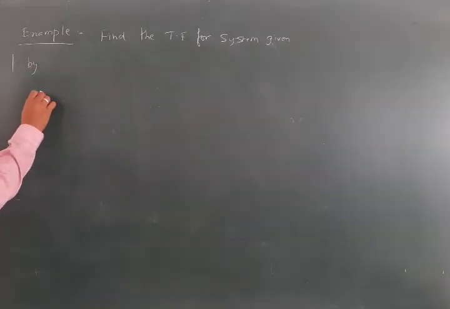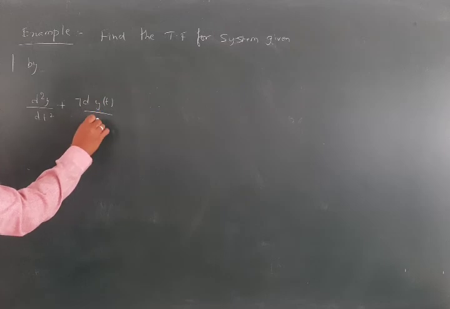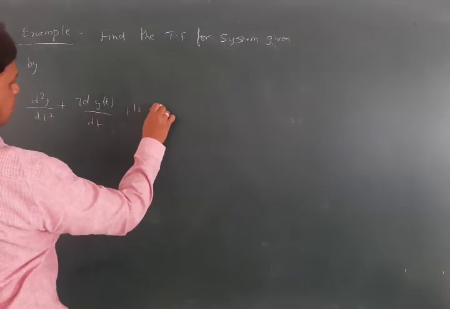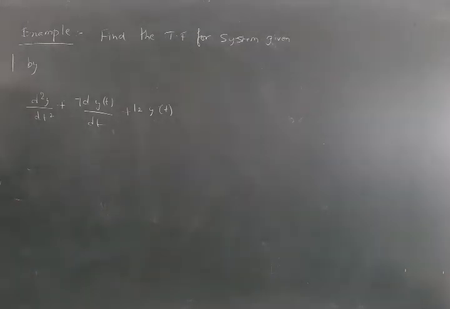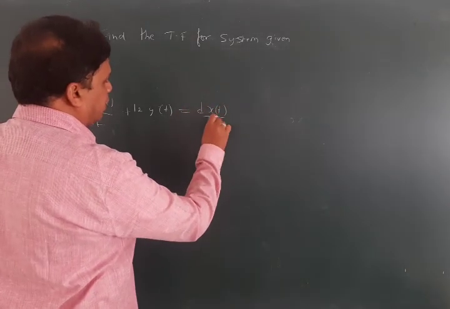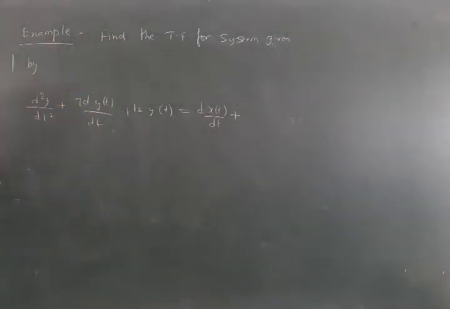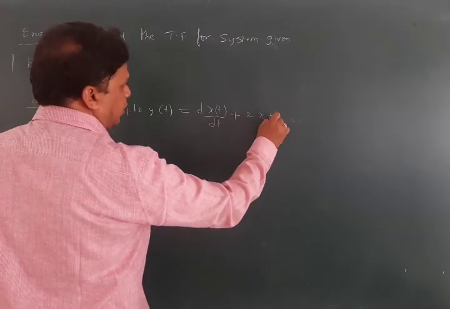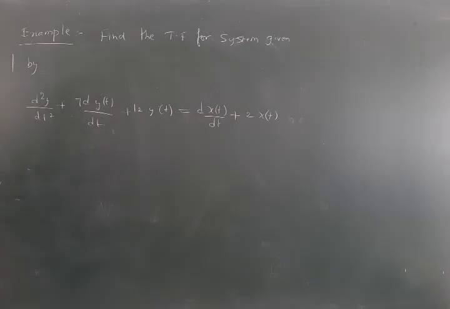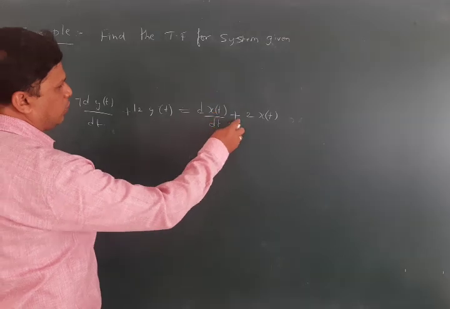We will write the equation d square y of t by dt square plus 7 into dy of t by dt plus 12 y of t, and we will equate it to dx of t by dt plus 2 into x of t.